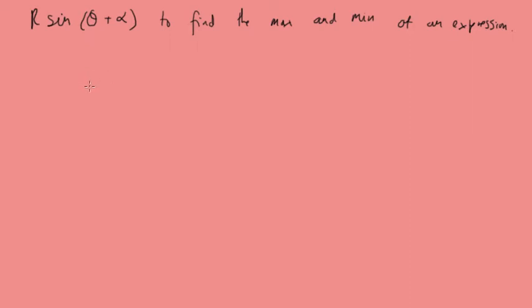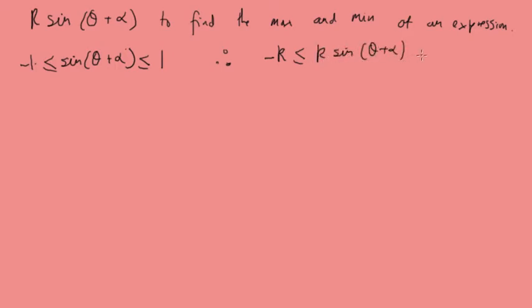So we know that sine of theta plus alpha must be within the range 1 and minus 1. Therefore, if you multiply this expression by r, it must be between minus r and r.